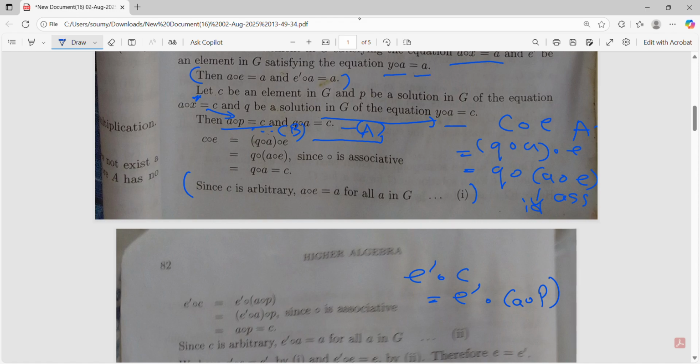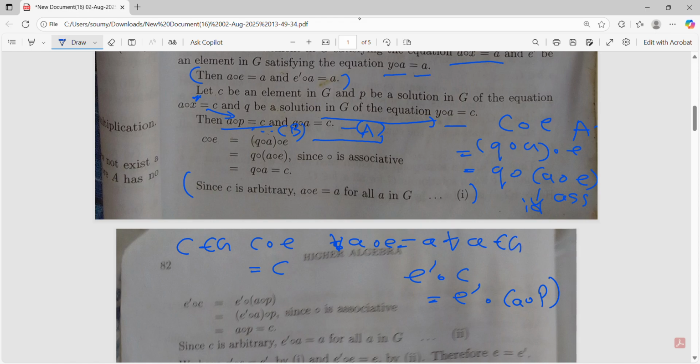We will use it later. So we have got C is arbitrary, and A compose E is A for all A in G, because we have taken an arbitrary element C from the semigroup G and composed it with the element E and got C in return. So C is arbitrary, so we can write A compose E is A for all A belonging to G.